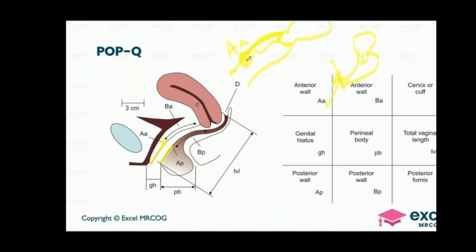So A corresponds to BA when there is no prolapse. But when there is prolapse, you will always mark AA as 3 centimeter along the wall and see where it has gone to, and you will check where that BA point is. That is the most distal point on the anterior vaginal wall.